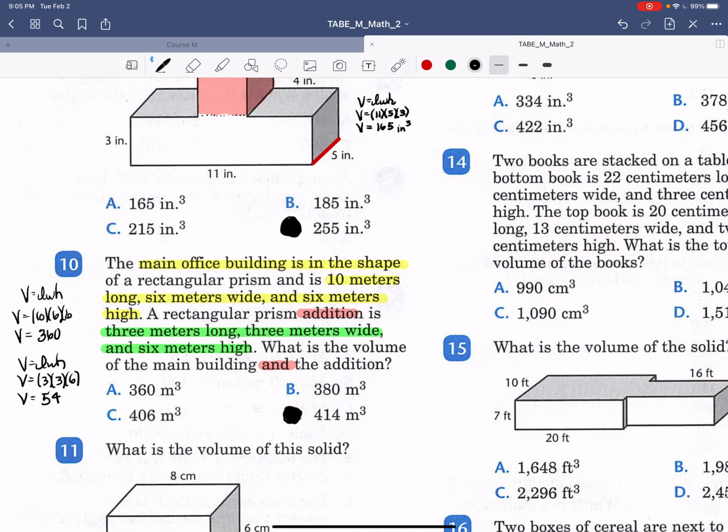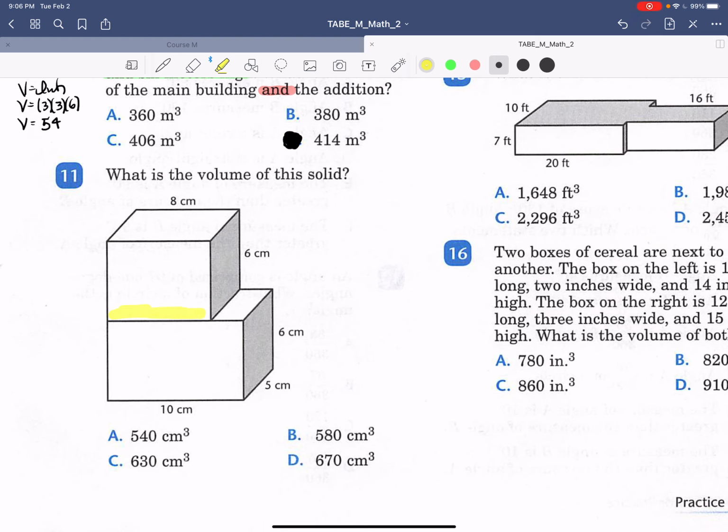Number 11. What is the volume of this solid? This is kind of like the microwave on top of the fridge kind of thing, only these are centimeters, so this is not a microwave. Centimeters, they're roughly 2.5 centimeters per inch. So this may be Legos, it may be a kid's toy of some kind, much smaller scale, but it's the same idea.